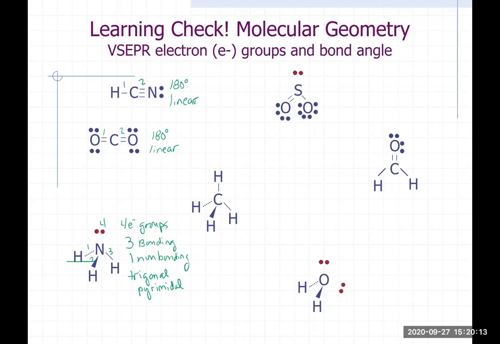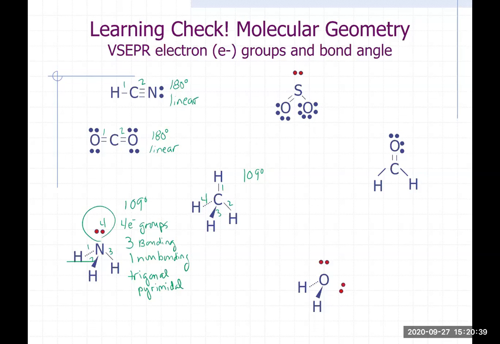Molecular geometry. Let's look at CH4, that is methane. 1, 2, 3, 4 electron groups. 4 electron groups, 109-degree bond angles. And I'm sorry, I missed that over here with ammonia. 4 electron groups, 109-degree bond angles, approximately, of course.